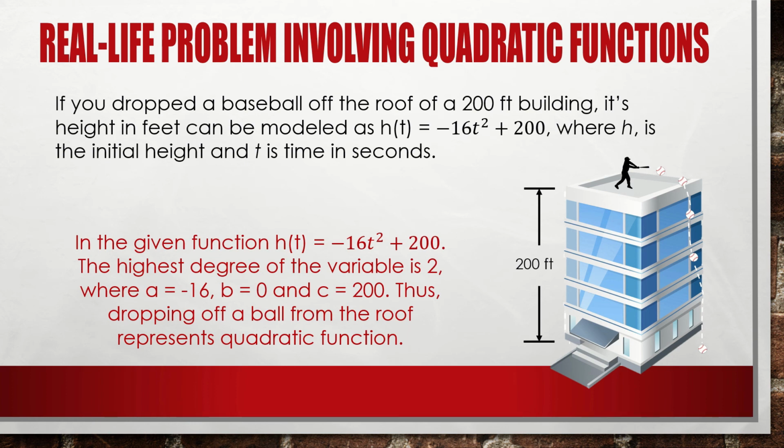In the given function, h of t is equal to negative 16t squared plus 200. The highest degree of the variable is 2, where a is equal to negative 16, b is equal to 0, and c is equal to 200. Thus, dropping a ball from the roof represents quadratic functions.